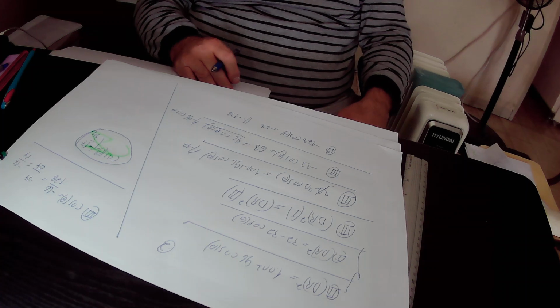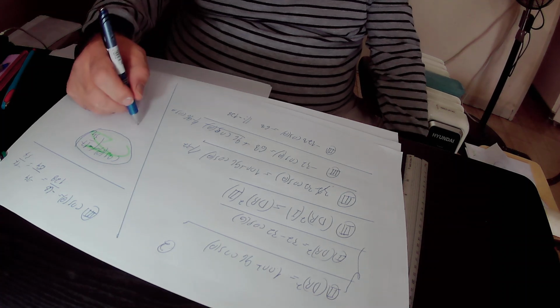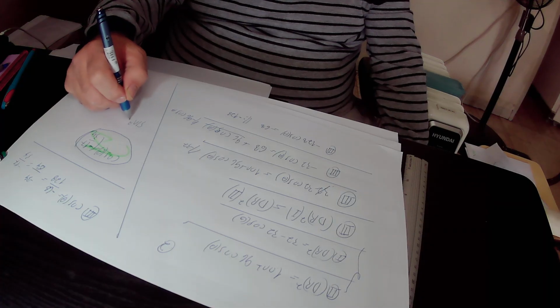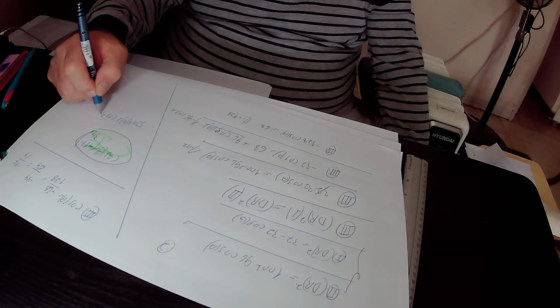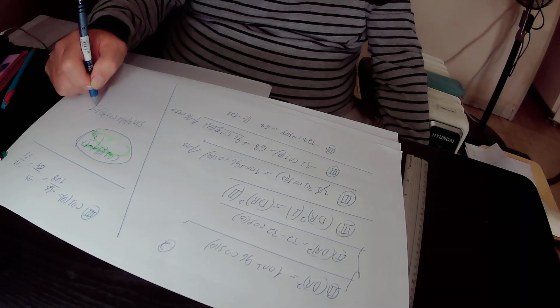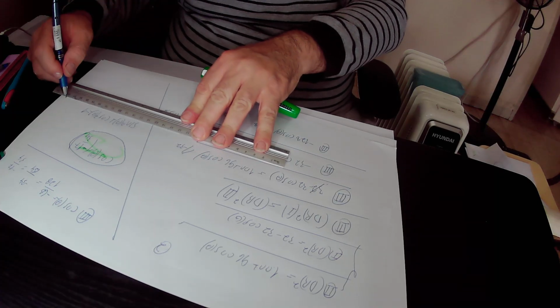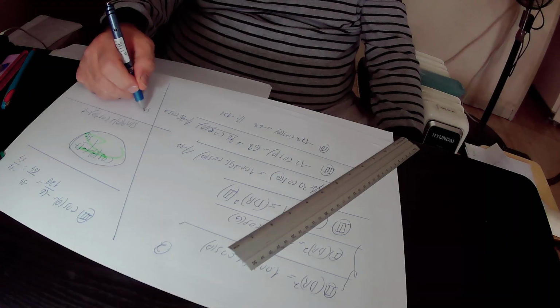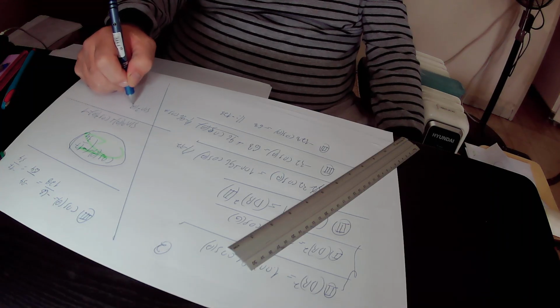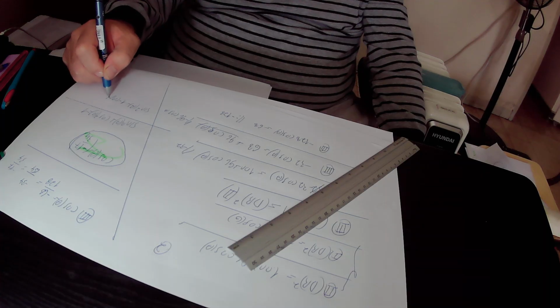And again, we have the trigonometric identity that says that sine squared theta plus cosine squared theta equals to 1. Here we subtract cosine squared theta from this equation and get that sine squared theta equals to 1 minus cosine squared theta.